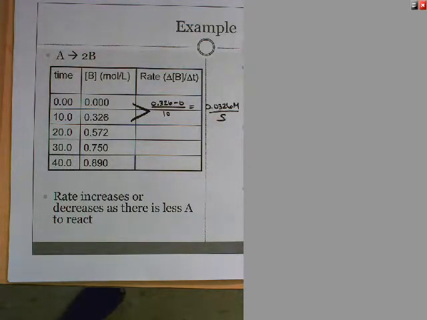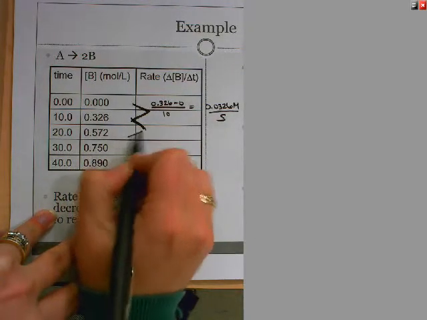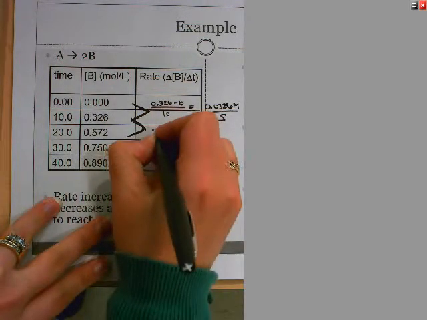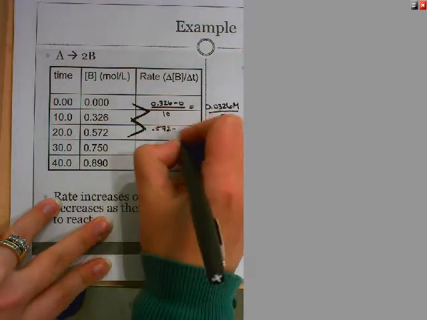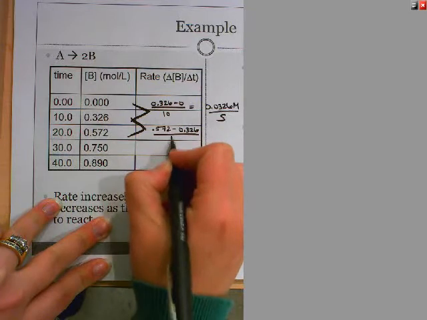So that's change in concentration divided by change in time. So that's 1 new data point. I could look at this change and do 0.572 minus 0.326 divided by another 10-second difference.